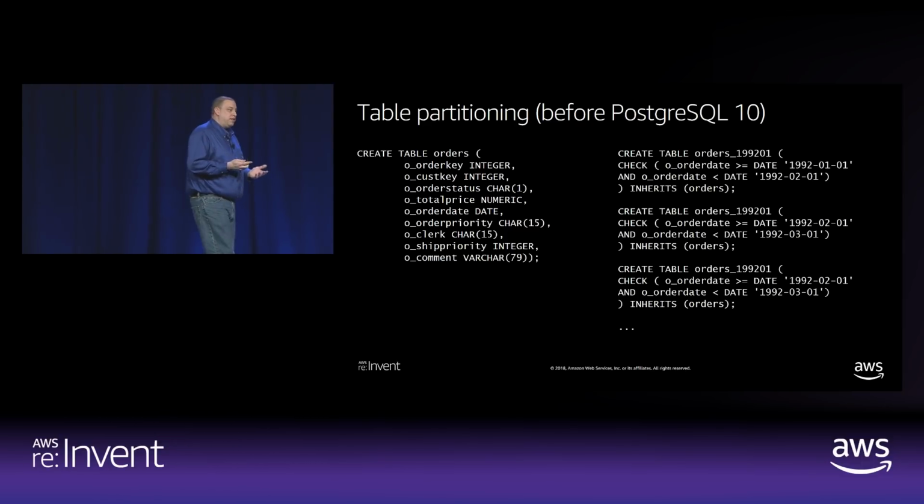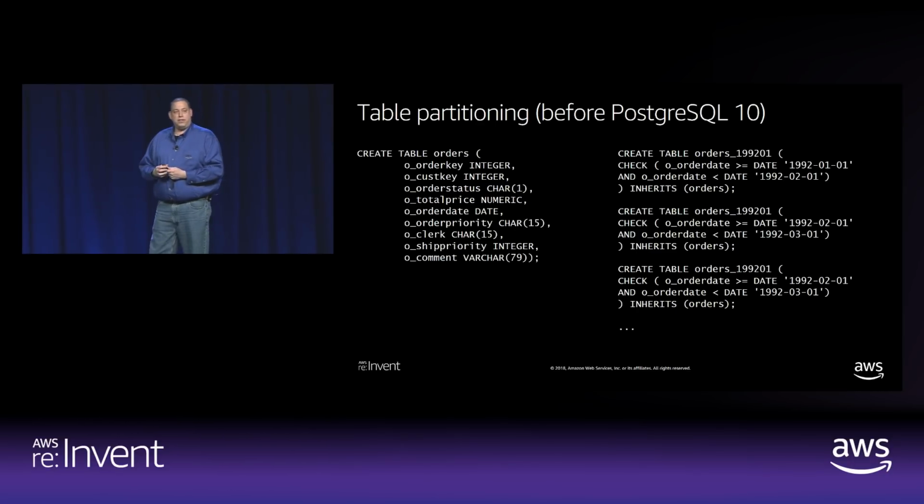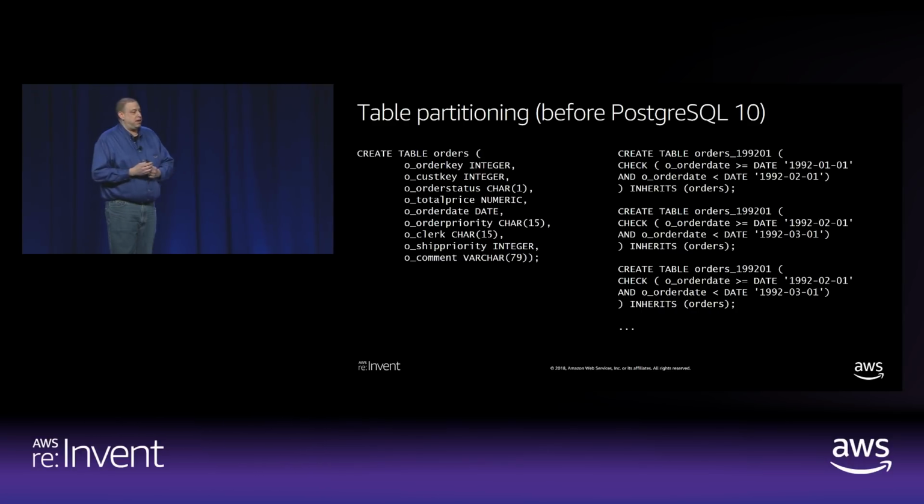But how it's been done is, it used to be done via an innovative technology called table inheritance. Postgres has had table inheritance that allows you to create child tables underneath those parent tables, and you restrict access to the individual partitions or child tables based on constraints. And then Postgres would use those constraints to prune away the partitions.